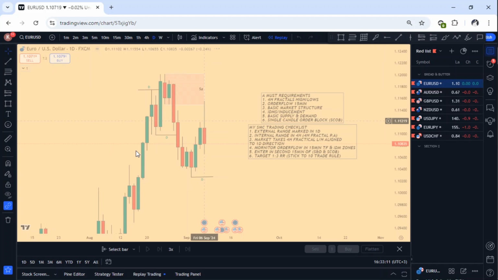This trading style only demands that we follow what the daily is doing. If the daily is buying, we just need to be buying. If the daily is selling, we just need to be selling, provided we are aligning ourselves to the overall trend of the market. Like in this case, if we were here, we would just be looking for buys, because the day is buying. That is how we get our market structure.